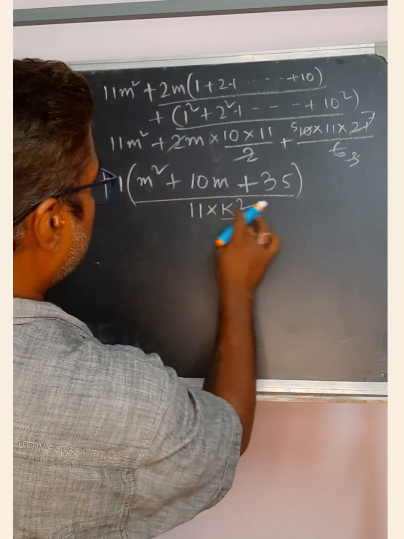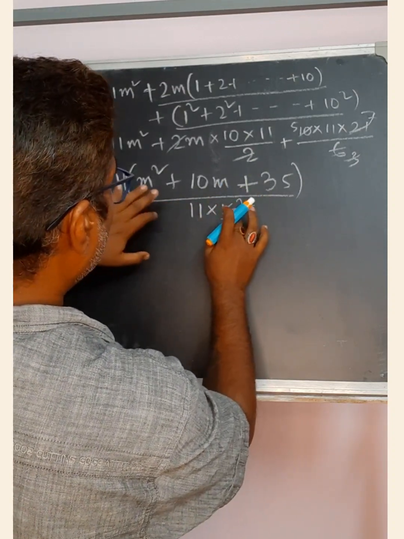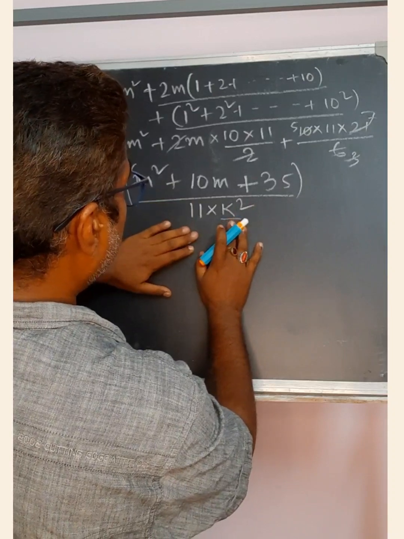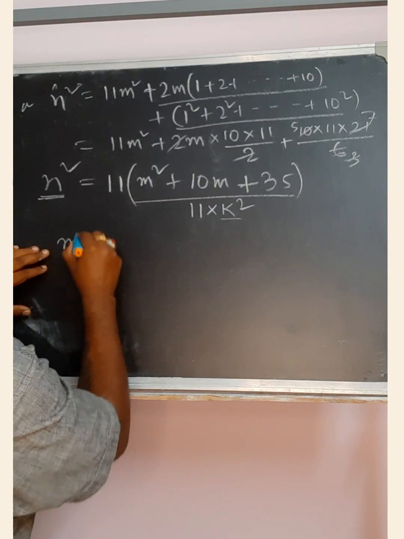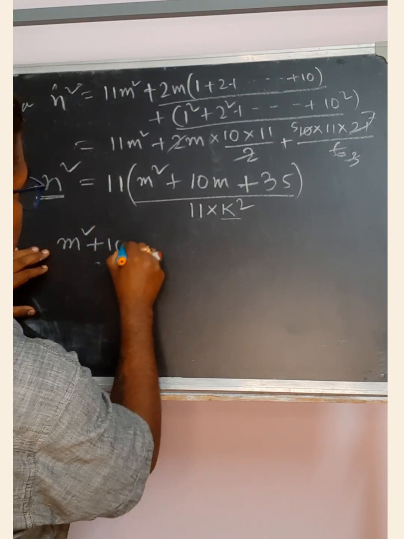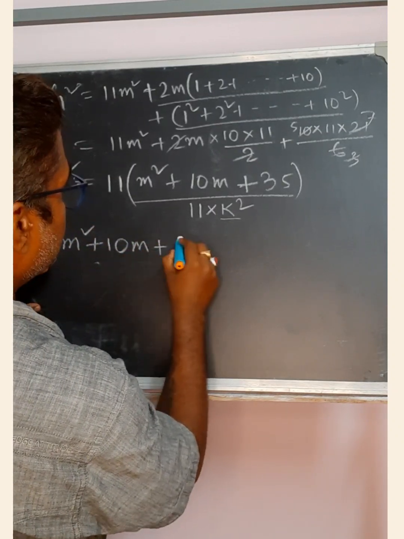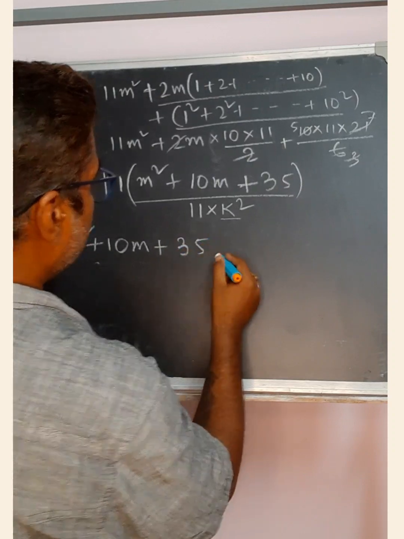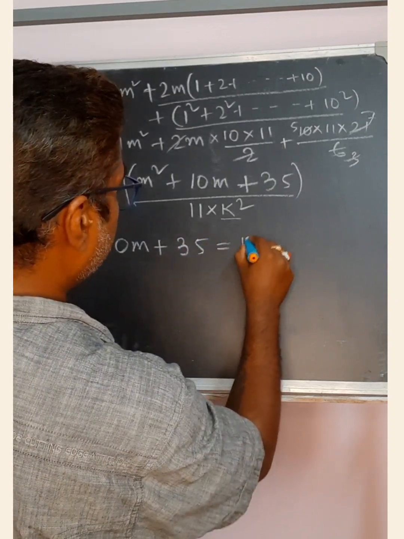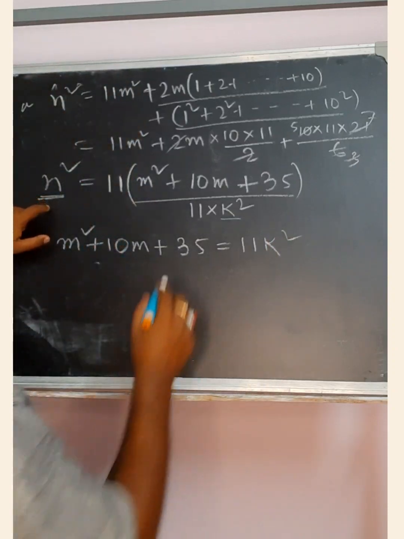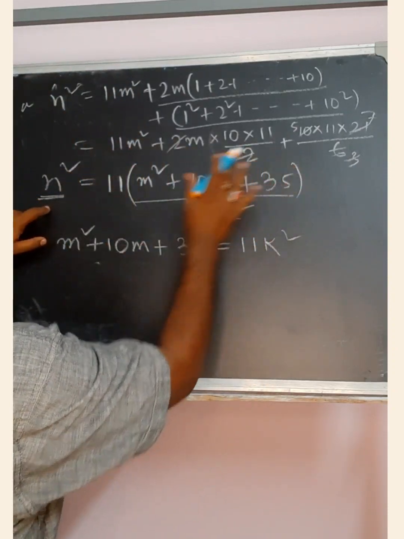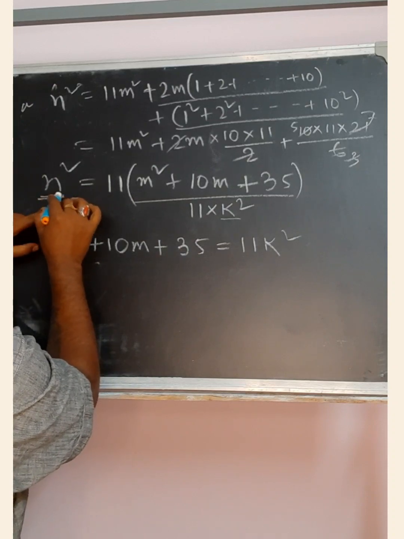Okay, now your task is to find what could be the possible k values for which this term is satisfied. Now I can say that m square plus 10m plus 35 should be equal to something like 11 k square, which will satisfy that this expression is a perfect square of n.